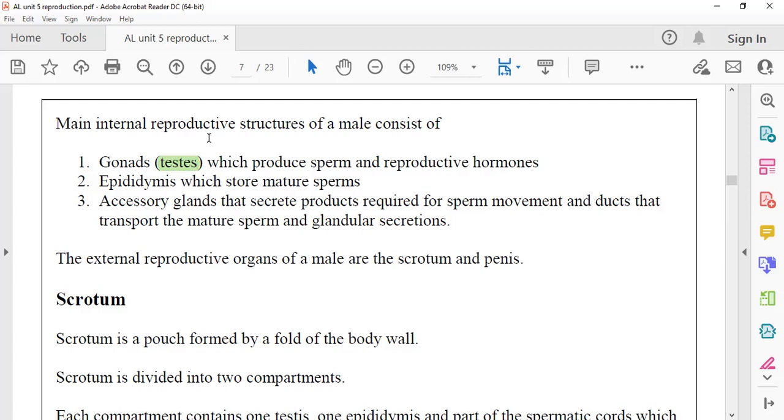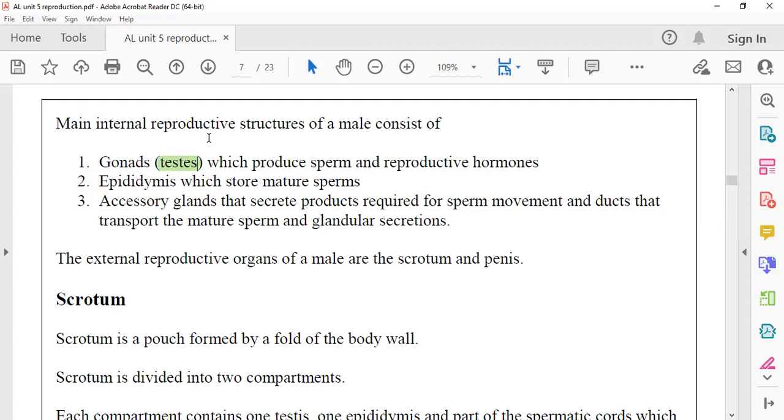What are the accessory glands in the male reproductive system? Three glands are there. Seminal vesicles are glands. Bulbourethral glands are there. Prostate glands are there.